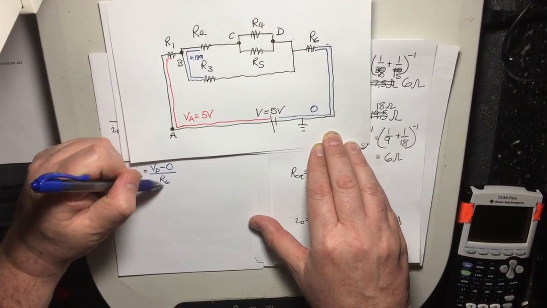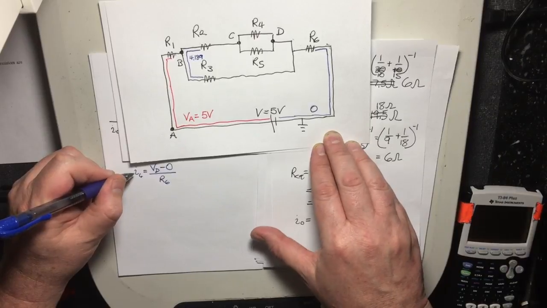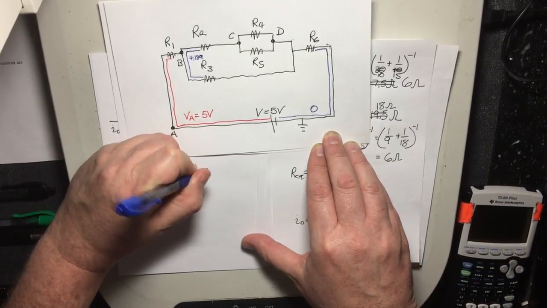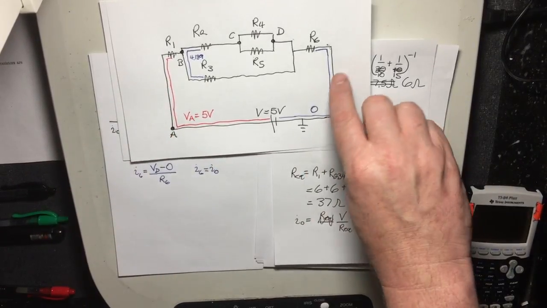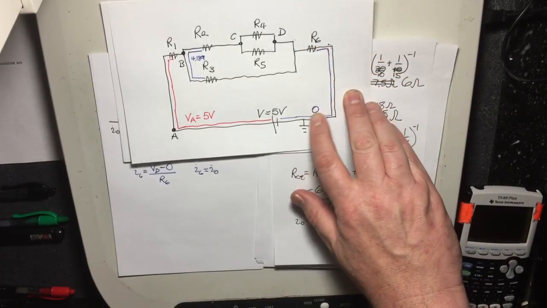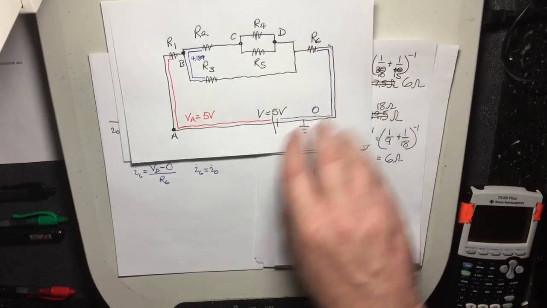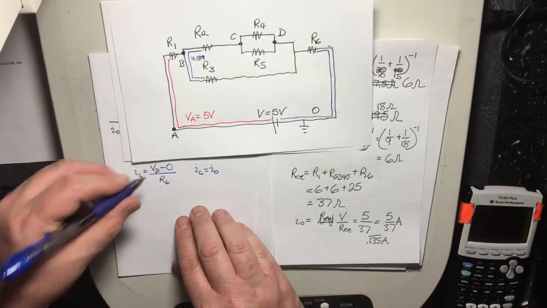The resistance is R6. I know what I6 is. I6 is I0 because the current flowing from R6 does not split when heading to the battery. So I6 must be I0.